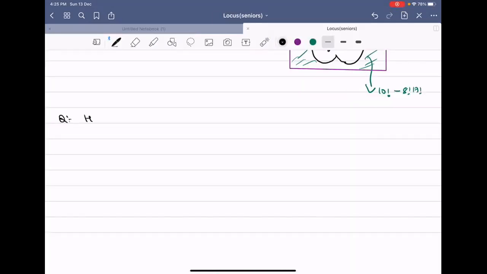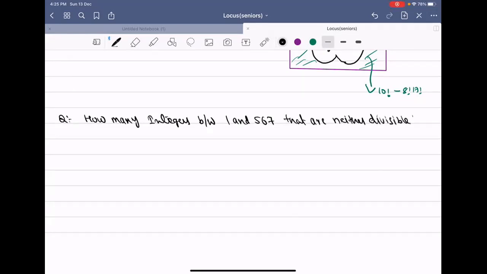How many integers between 1 and 567 are neither divisible by 3, nor by 5, nor by 7?